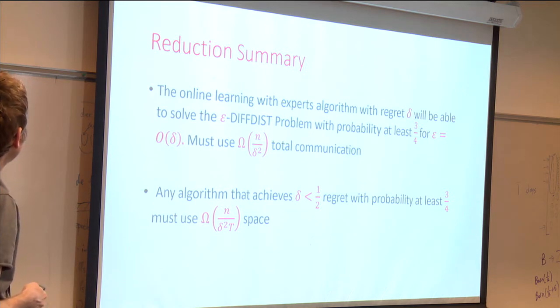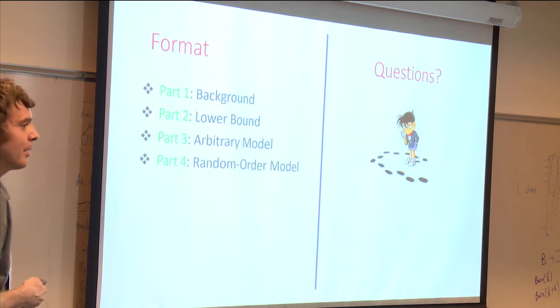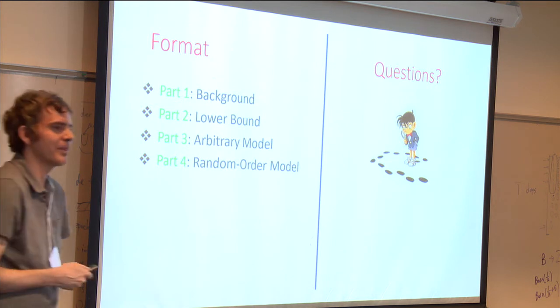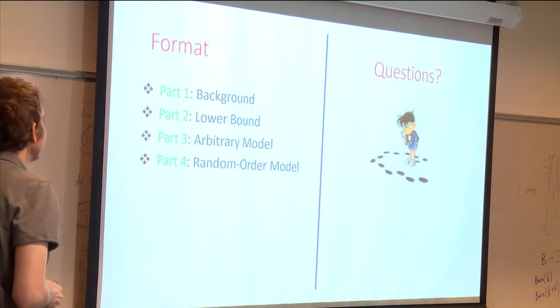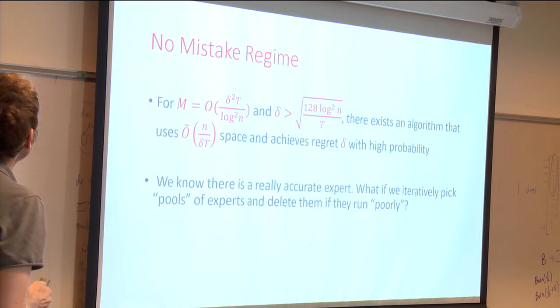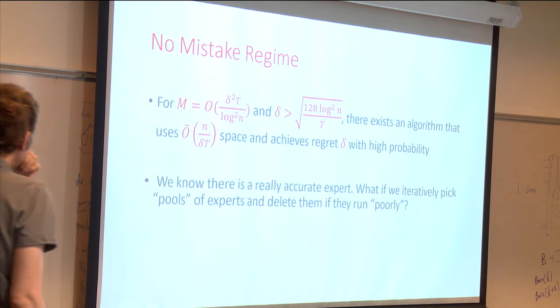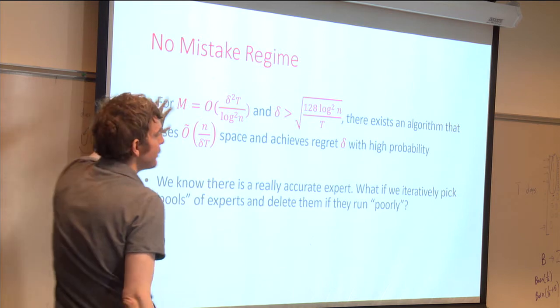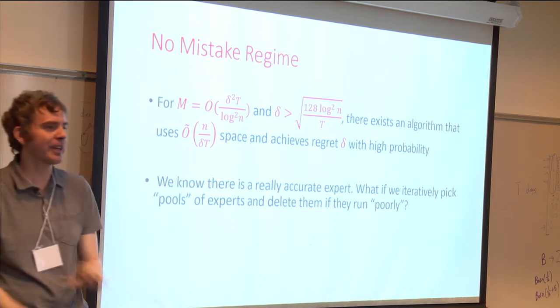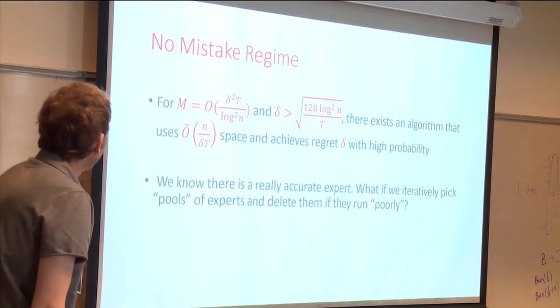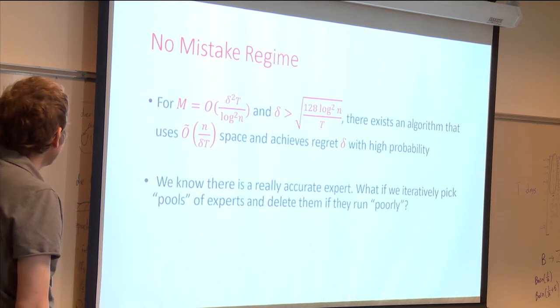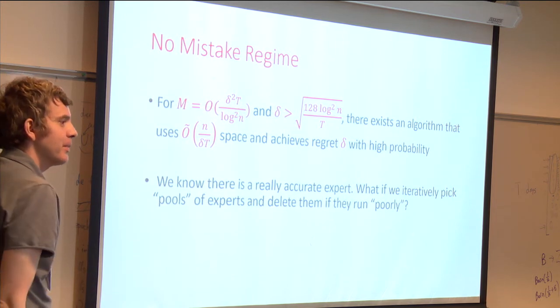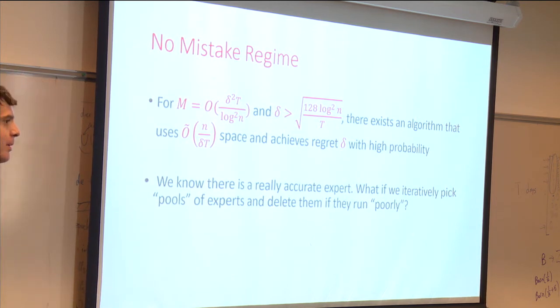OK. What about upper bounds? Is this anywhere close to upper bounds? So let me give some quick intuition here. Let's first look at the no mistake regime. OK, there's an expert that never errs. What is a natural algorithm here to achieve sublinear memory?